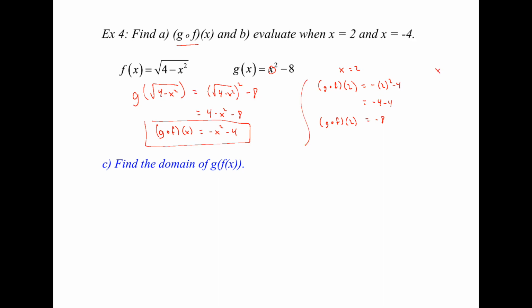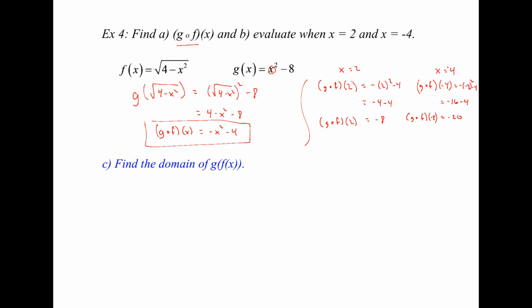Then we'll do x equals negative 4. So g of f of negative 4 is equal to the opposite of negative 4 squared minus 4, which is negative 16 minus 4, so that'd be negative 20. So g of f of negative 4 is equal to negative 20.